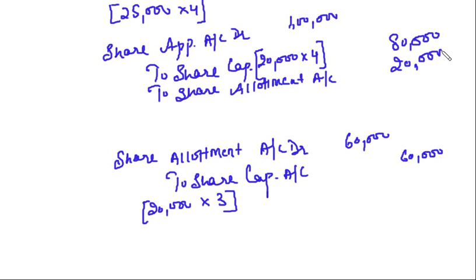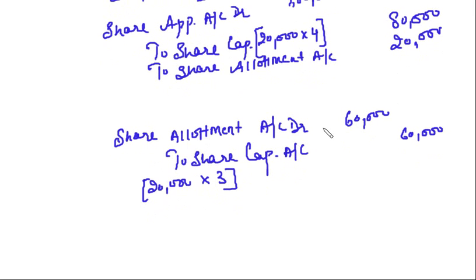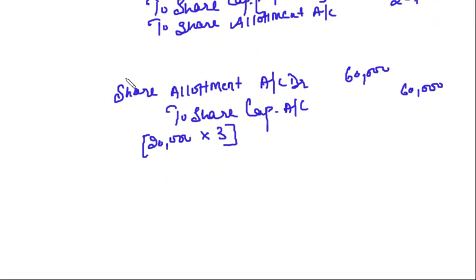So how much allotment money will you receive more? 60,000 is the due allotment money. You transfer the excess application money to the allotment account, that we have received 20,000 on allotment. We were to receive 60,000. We have already received 20,000 at the time of applications. Now what is the remaining amount that you will receive? 40,000.